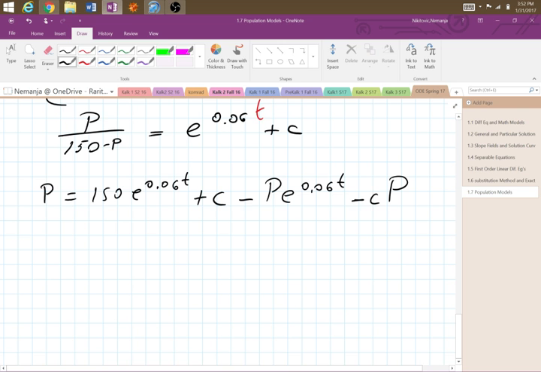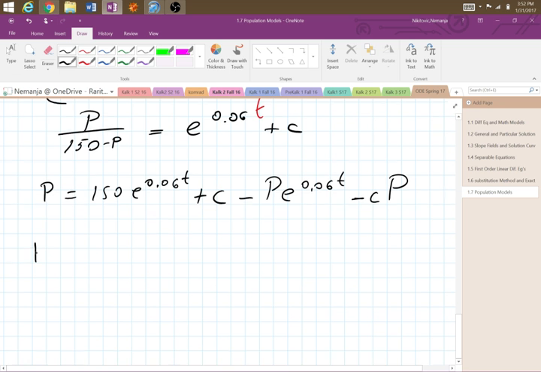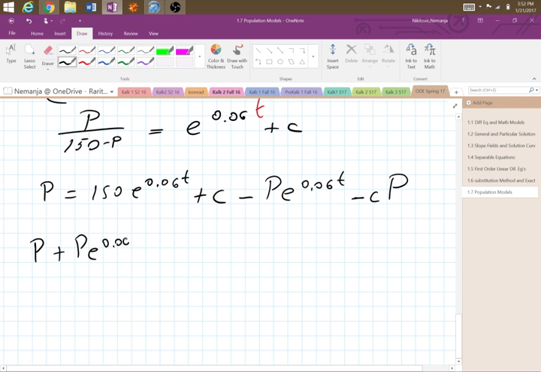We move all the terms that have P to the left-hand side, leaving 150 plus c on the right. Factor out P and divide by the whole thing.